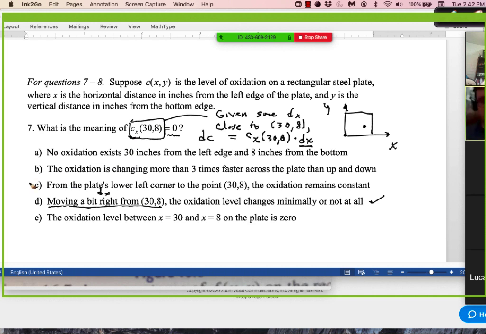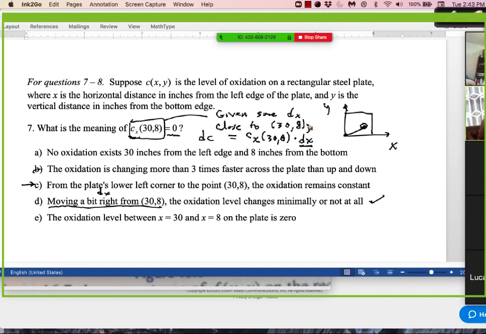Yeah, I think sometimes people like the answer C, but the problem with C is that would be talking about starting from here all the way to here. But partial derivatives or rate of change is like a local phenomenon, right? So if I have that Cx at 38 is 0, that only pertains to right around that point 38.